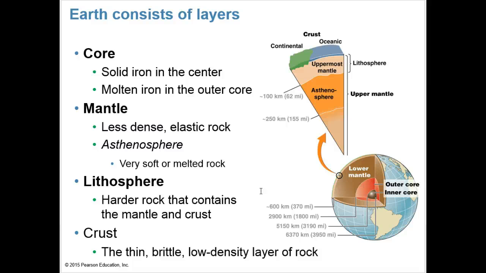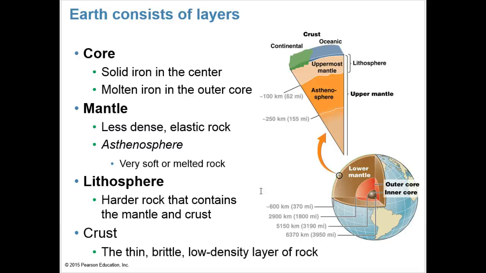Outside of that area, we'd find the mantle. It's less dense than the core and has a kind of elastic rock area. It also contains the asthenosphere, which is very soft or melted rock.